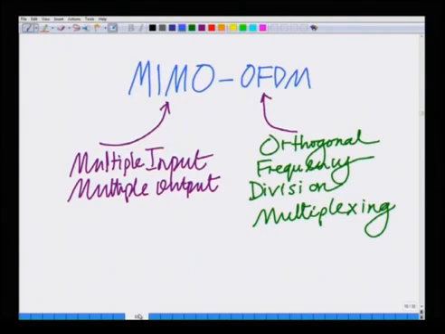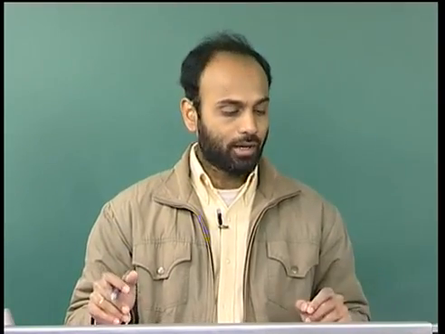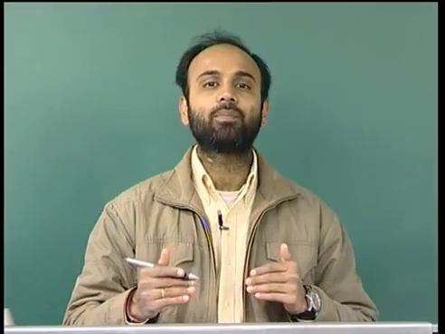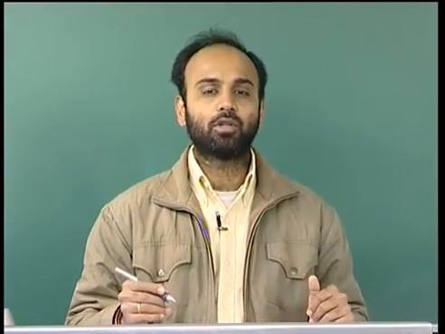And then we also subsequently modified the OFDM system to a MIMO OFDM system, to extend it to frequency selective MIMO communication systems, that is, to handle the problem of frequency selective MIMO communication. And we said OFDM converts the frequency selective MIMO fading channel into a set of parallel flat fading MIMO channels.